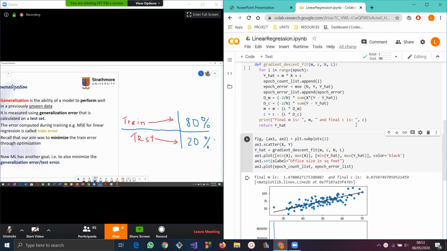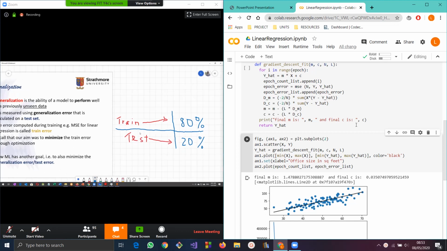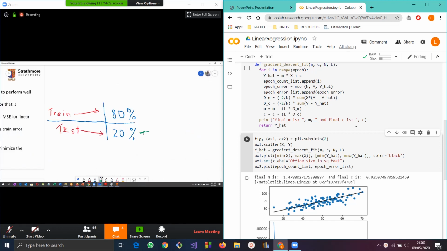We can use 10% for hyperparameters setting, and use the other 10% for testing. We'll actually be dividing our data using this.